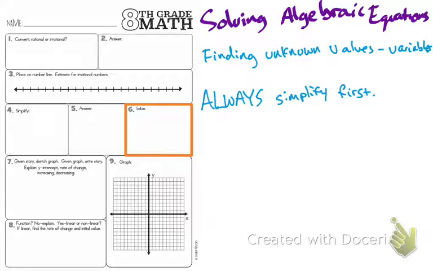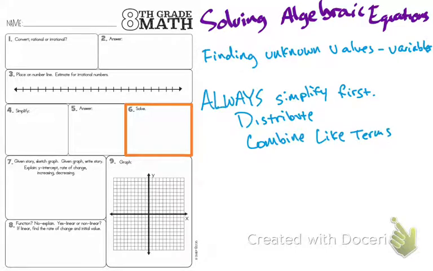So there are a couple of things we're going to look for when we simplify. The first thing I'm going to encourage you to do is to distribute. You're going to use the distributive property anytime that can be done in those types of problems. And again, we will look at these types of problems.